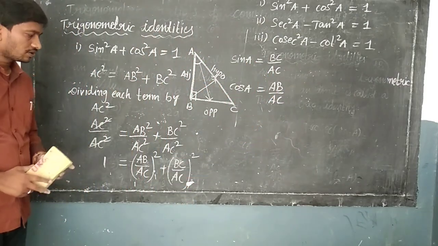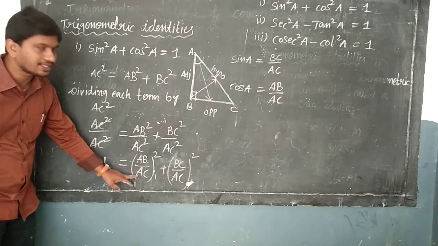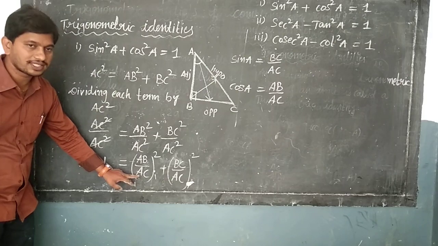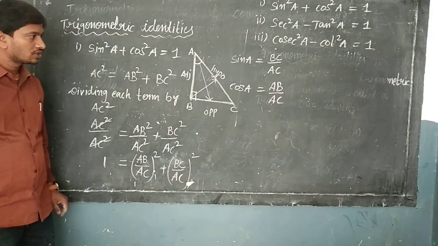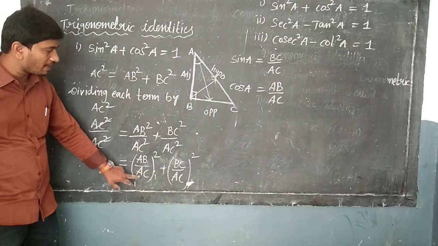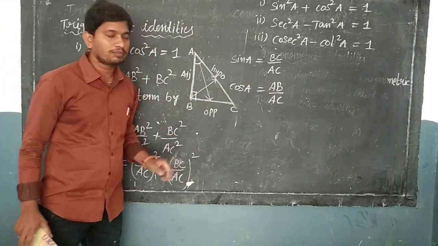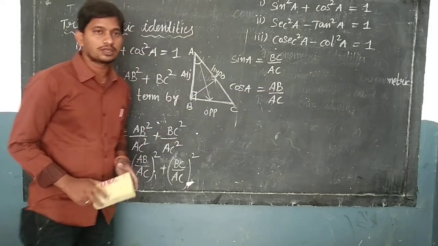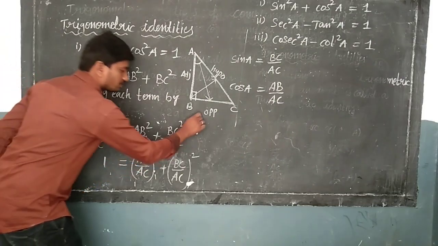Listen carefully students. Coming to here, we got AB by AC whole square and BC by AC whole square. Students, in the place of AB by AC, I can write cos A because cos A equals AB by AC. So in the place of AB by AC, I can write cos A whole square.